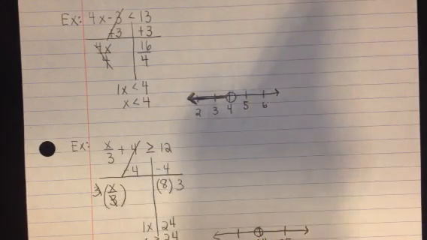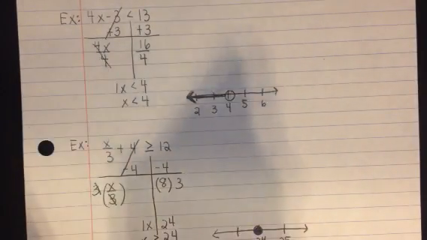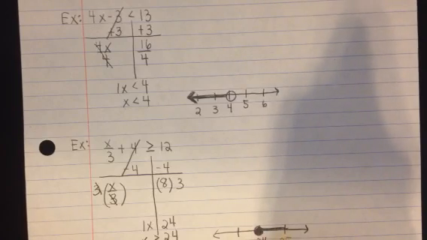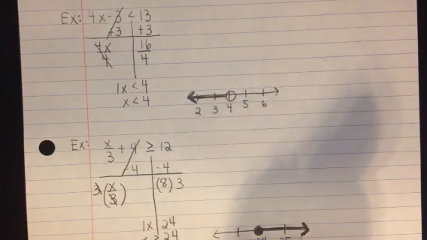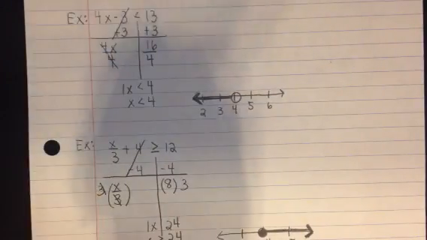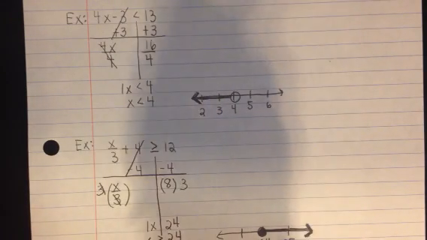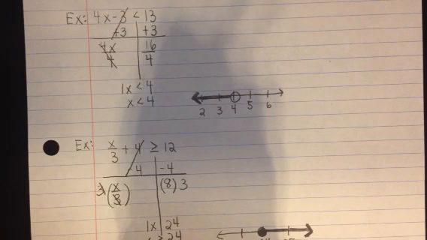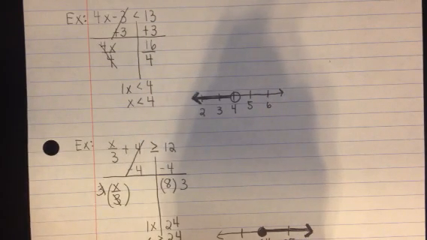Now this time, since it's got the line underneath, that means I'm going to shade in the circle. And greater than means I'm going to shade to the right. And again, you'll notice variable on the left, symbol and arrow that's shaded match. All right, let's look at another example.